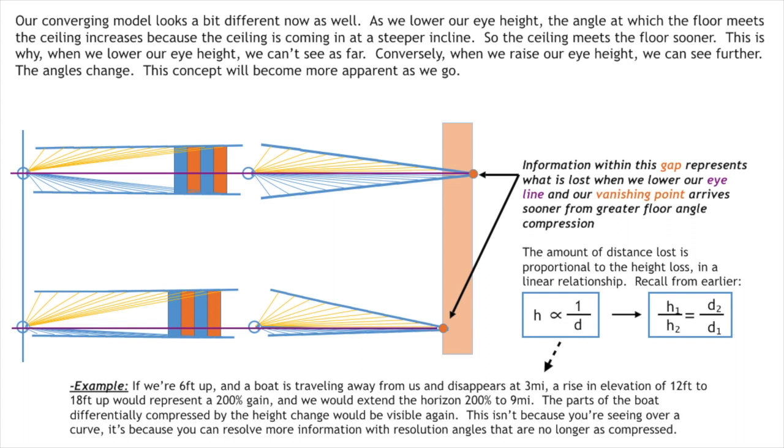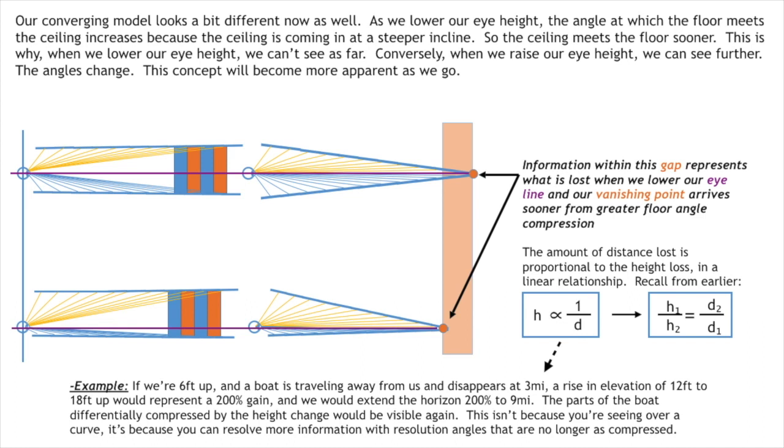So again, if I lower my eye height relative to the same corridor, get lower down to the floor, and then rotate those two points down to meet one another, the point at which they meet is going to be a wider angle, because the ceiling is coming in a little bit steeper and the floor is coming up a little more shallow.